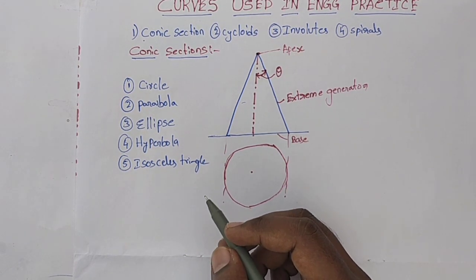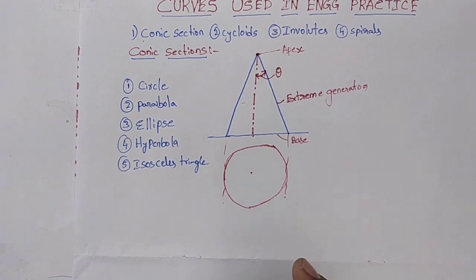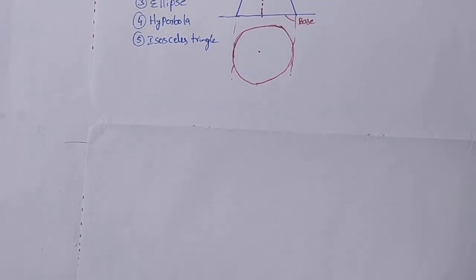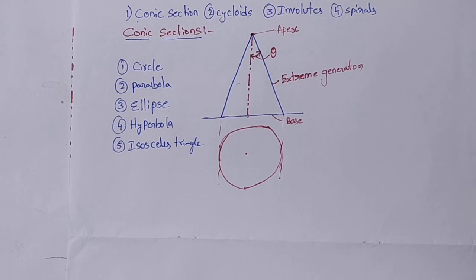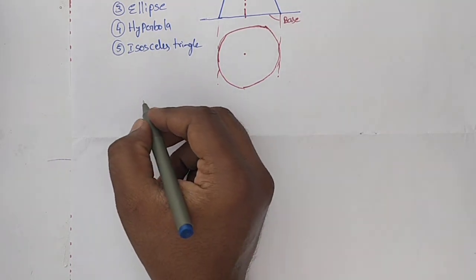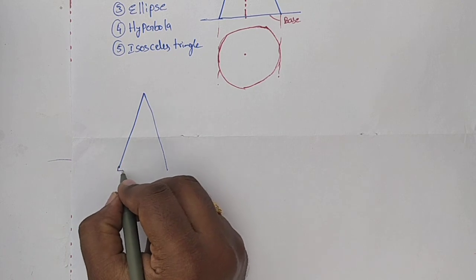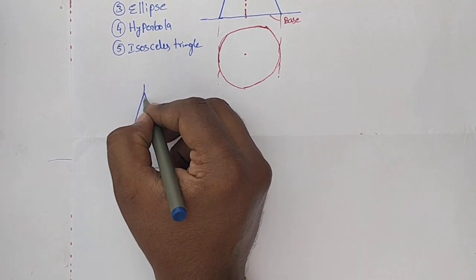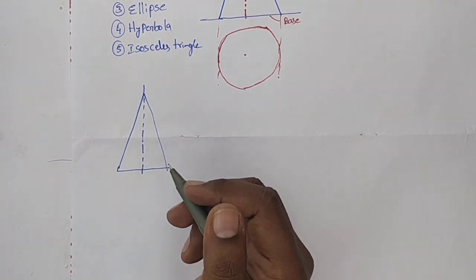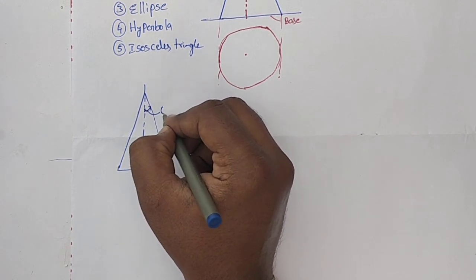So how do we get these five different objects? I'm going to explain briefly one by one. First, I'm taking the cone. This is the axis of the cone. The angle between the axis and the extreme generator is theta.